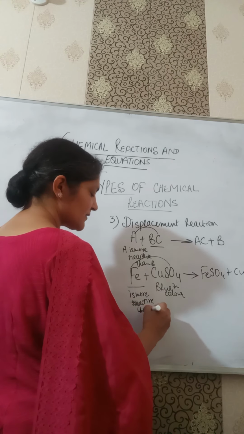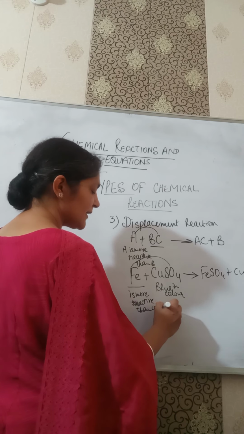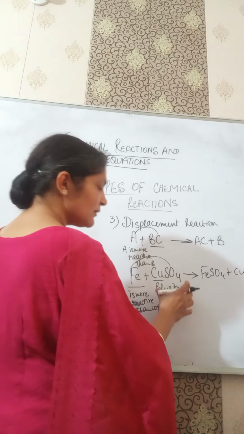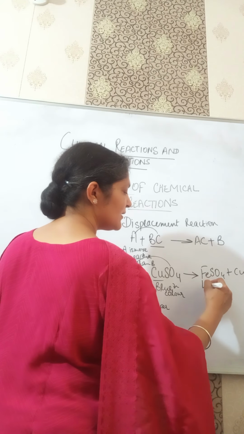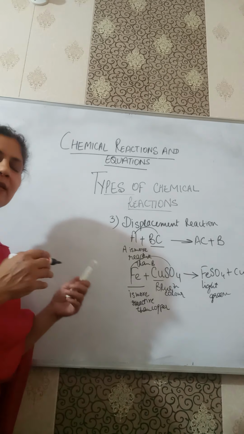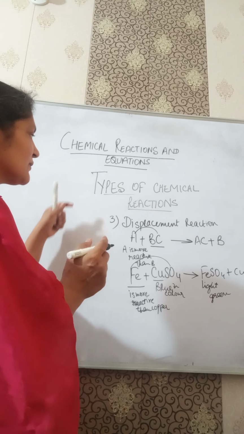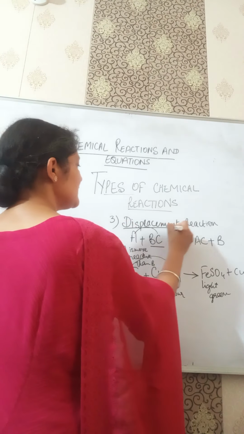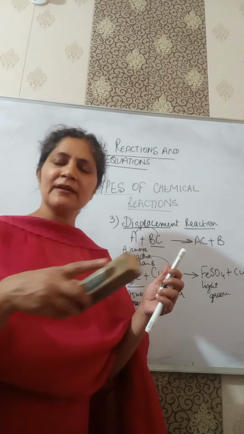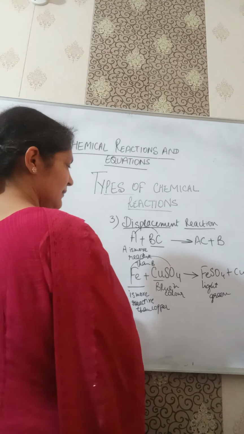That's why it displaced copper from copper sulfate. And the solution will change color to light green, because ferrous sulfate is light green in color. So here is displacement reaction, in which a more reactive metal will displace the less reactive metal.